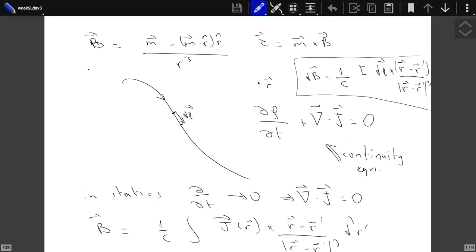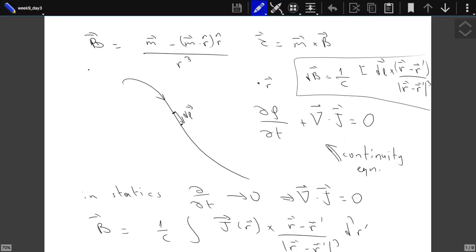The current and the charge density are related by what we call the continuity equation, which basically states that if you have a region of space, and the charge in this region is changing, that should be because of a current on the surface of that region. Either some charges are entering our region so that the charge density is increasing, or some charges are leaving the boundary of my region so that the charge density is decreasing.